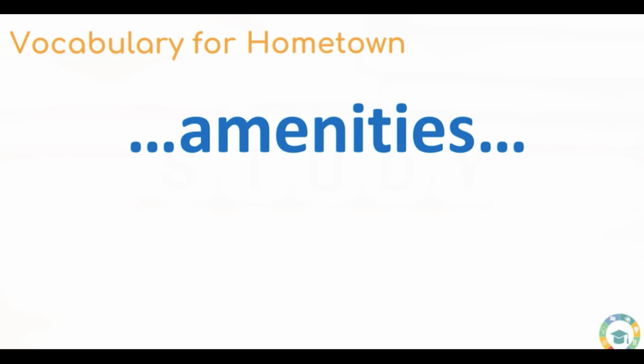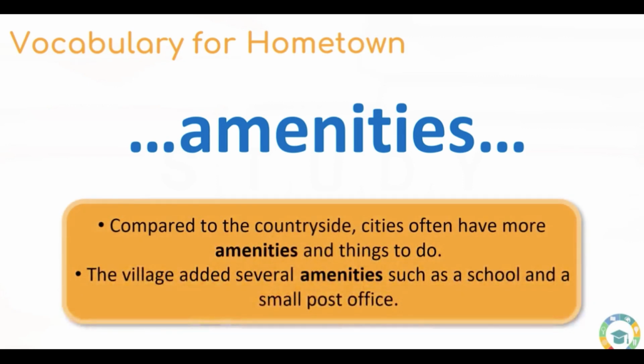Different kinds of facilities that have a use and a purpose. Compared to the countryside, cities often have more amenities and things to do. The village added several amenities, such as a school and a small post office.